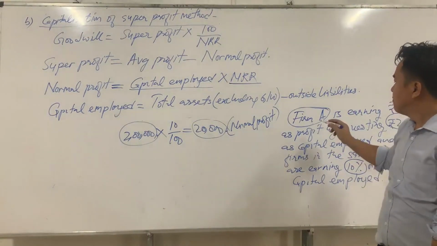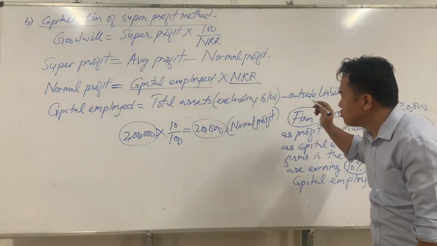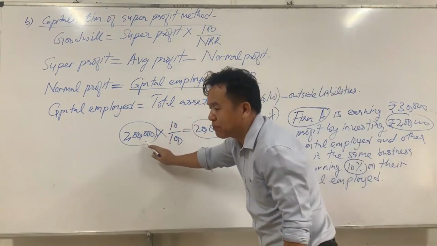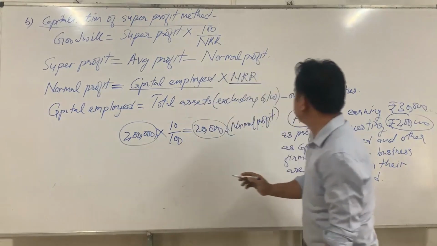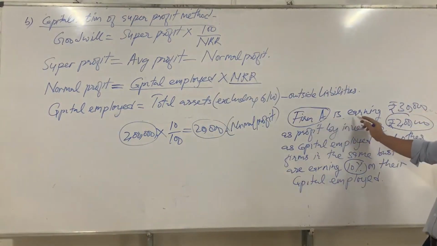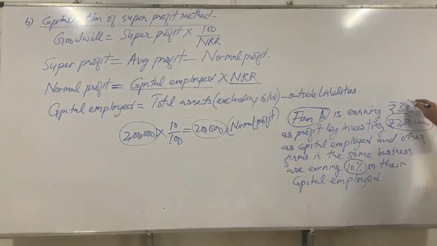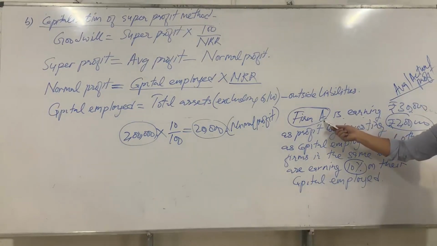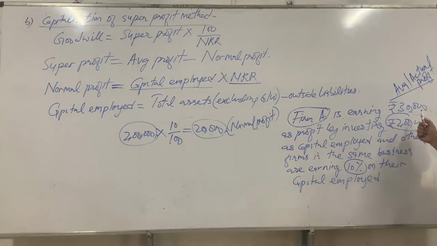I repeat, firm A is supposed to earn rupees 20,000 as normal profit on capital employed, but firm A is actually earning rupees 30,000, which is known as average or actual profit of the firm, which means firm A earns an excess profit of rupees 10,000.